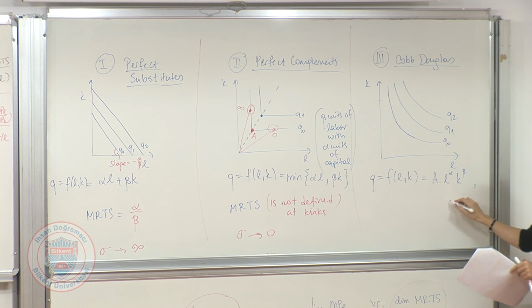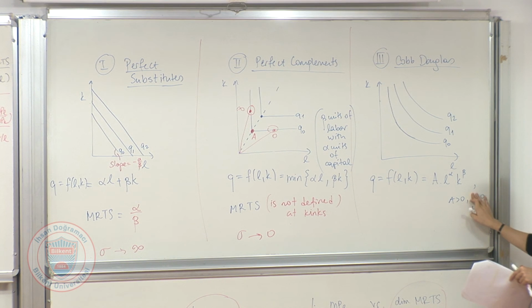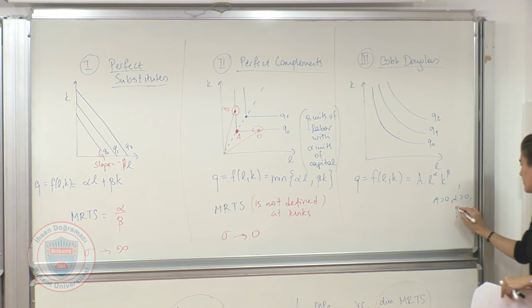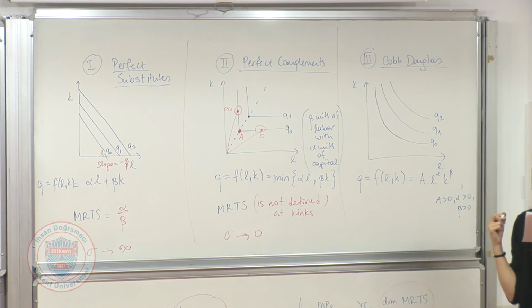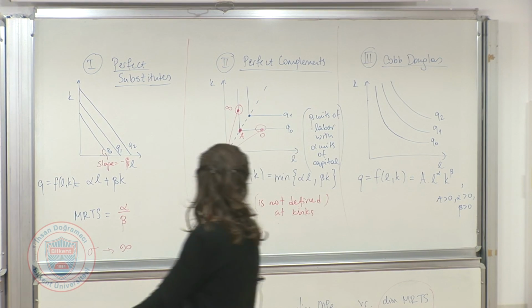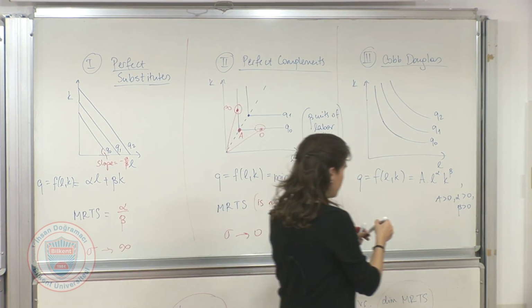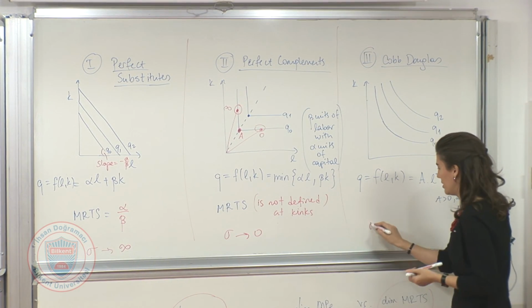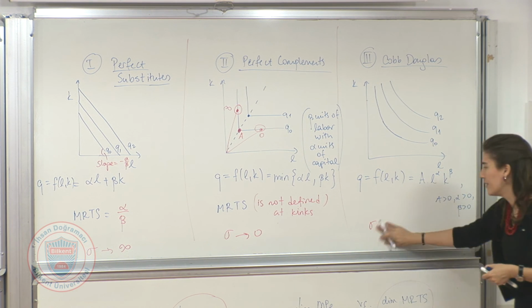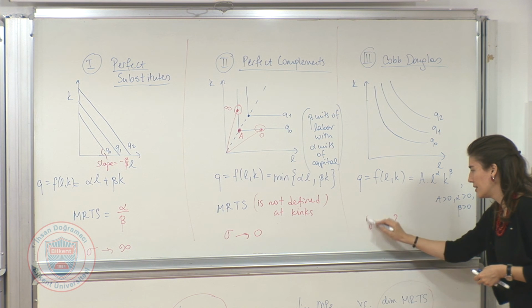And we were saying A is positive, L is positive, alpha is positive, and beta is positive, okay? So this is basically the case. I'll give you this small task: here, the elasticity of substitution. Guess what this is? Try finding this. It should be 1.